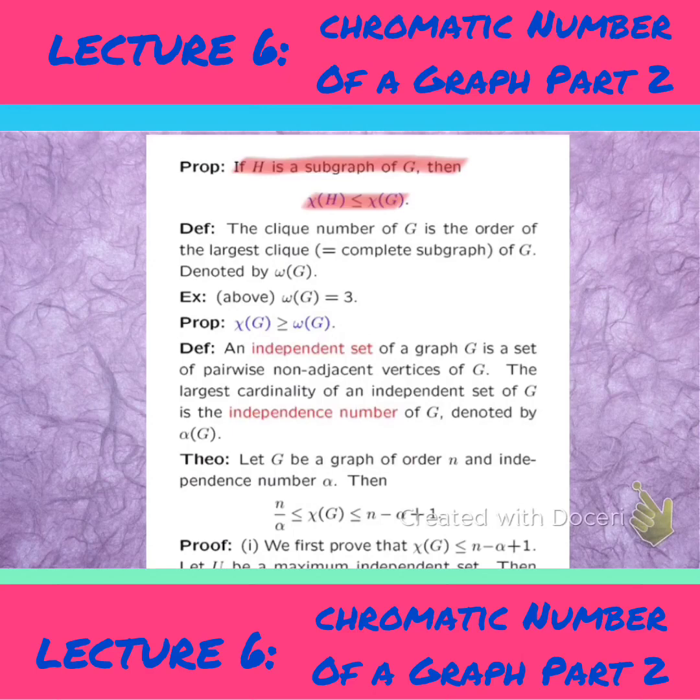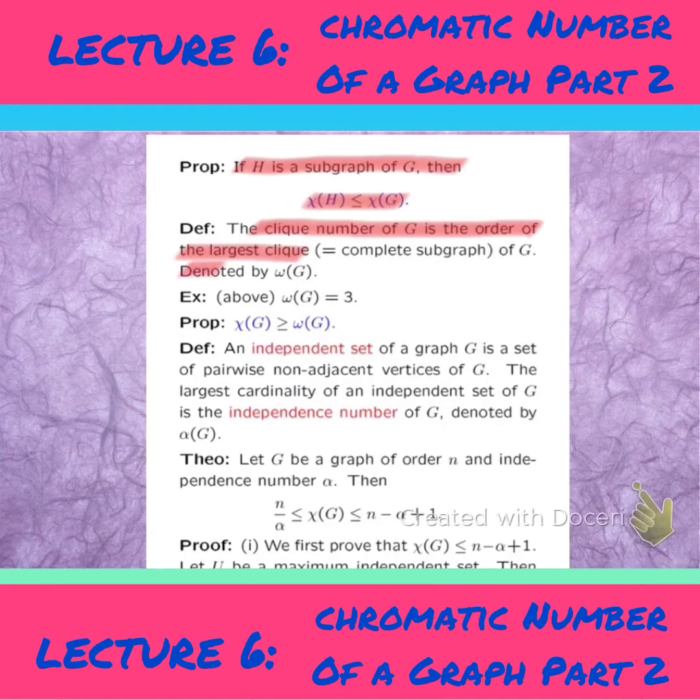Then we want to establish some initial lower and upper bounds on the chromatic number. Recall the clique number of a graph. The clique number of a graph G is the order of the largest clique, and a clique is a complete graph, right?